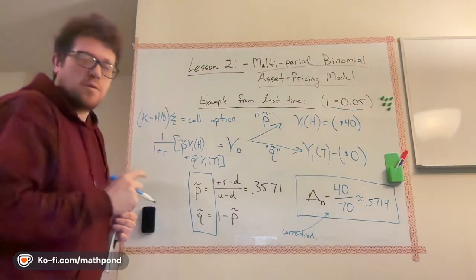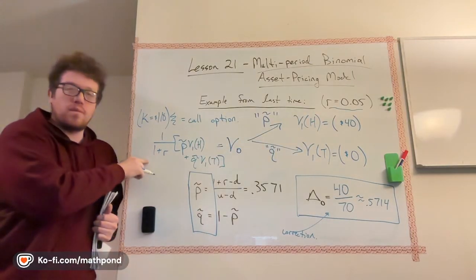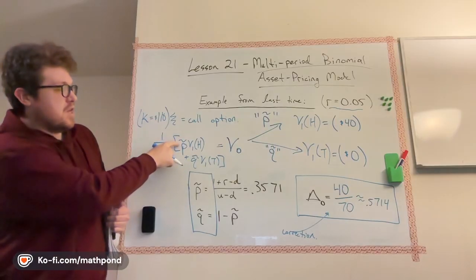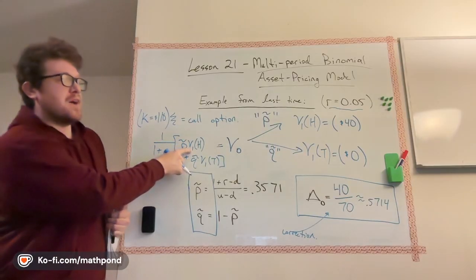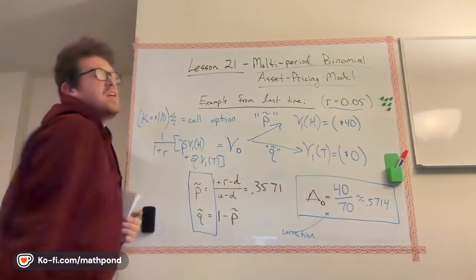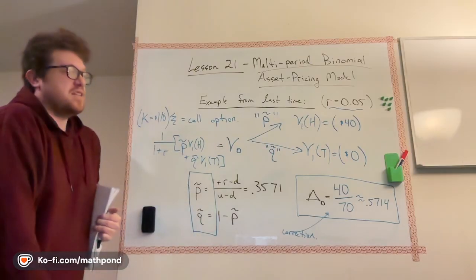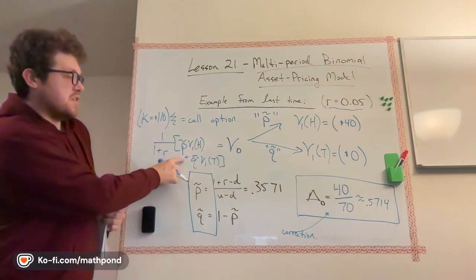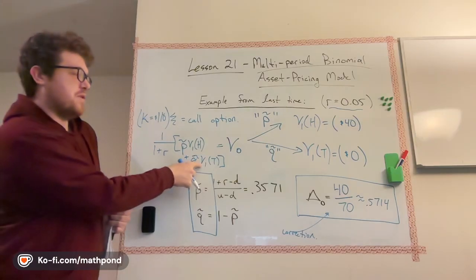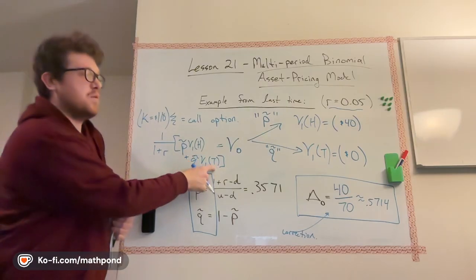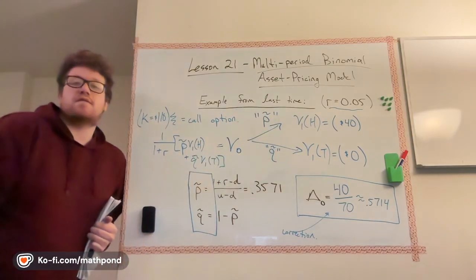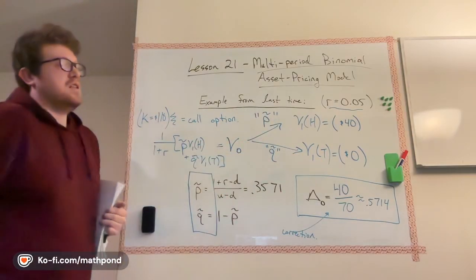Okay. Can everyone see this? So it's basically 1 over 1 plus R, and then times P hat times the value of the option if it goes up, which we could think of as flipping a coin and the coin flips heads, plus Q hat times V1 of T, which was the value of the option if the stock goes down. It was worthless.